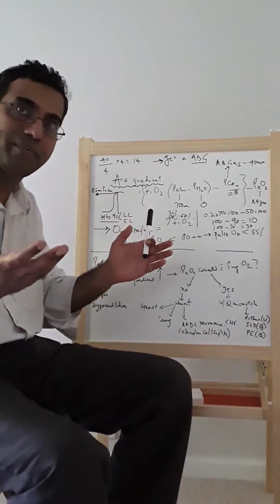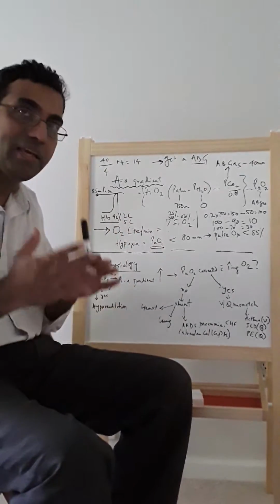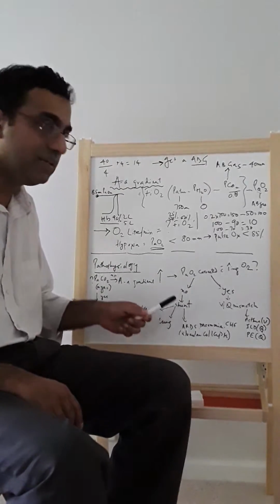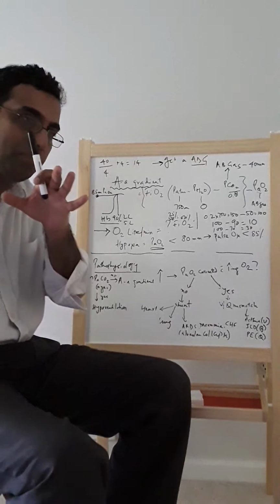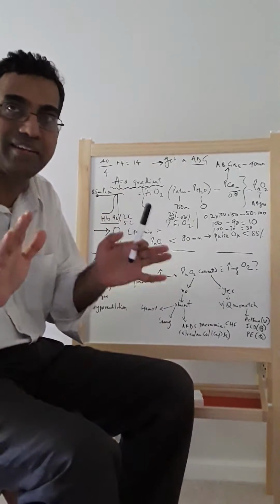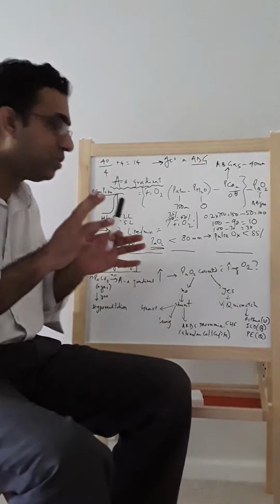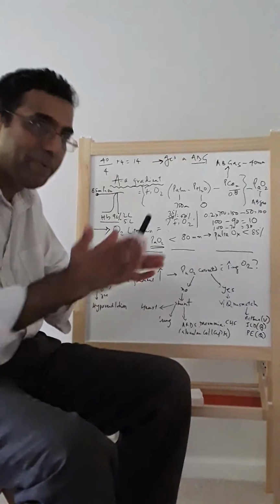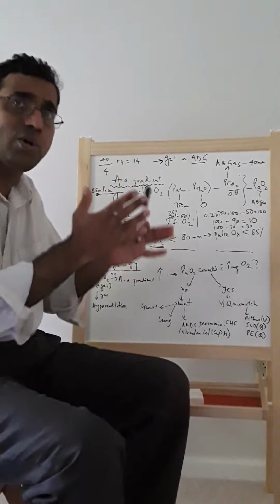What is the mechanism there? The mechanism is a shunt mechanism, meaning the blood that is supposed to be oxygenated does not come into contact with your increasing oxygen concentration. That means that the blood is being bypassed before it gets oxygenated.